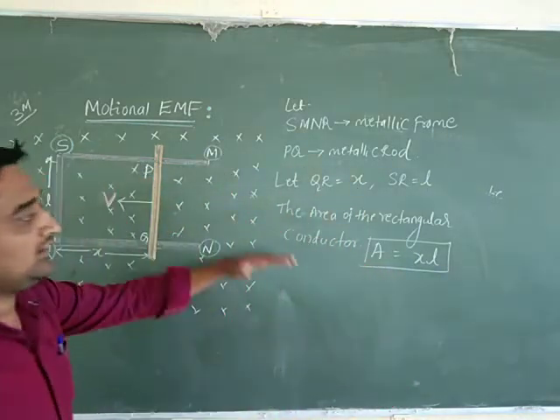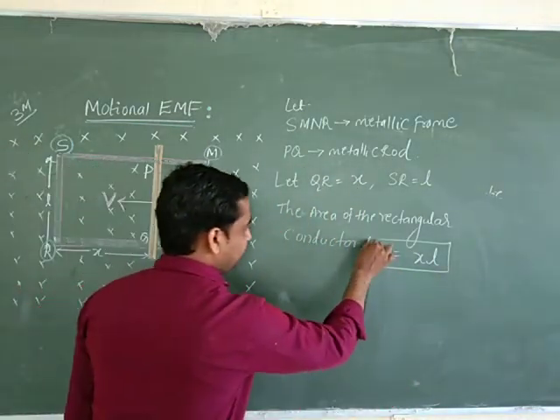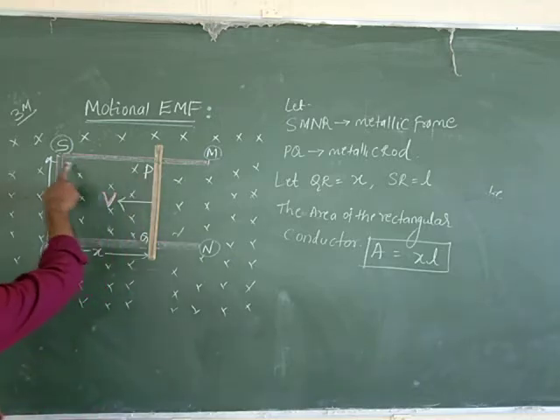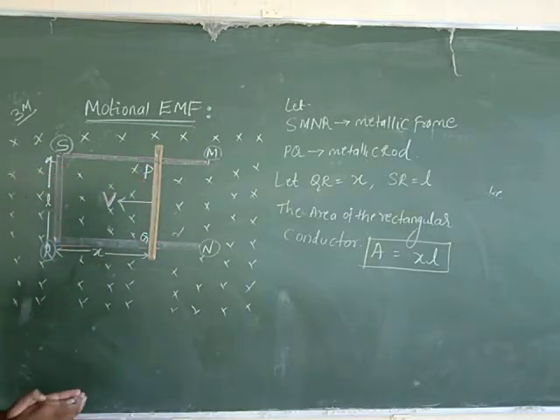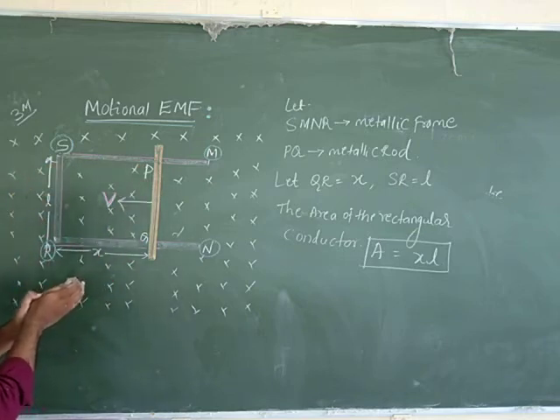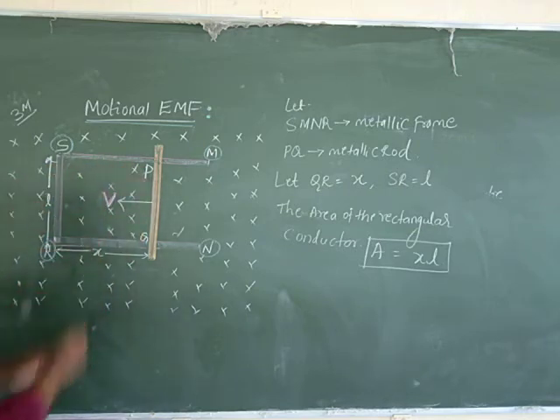So now we have got the area of the rectangular conductor. Again, the magnetic flux enclosed by this PQRS, the area of the rectangular loop, that is the conductor area.